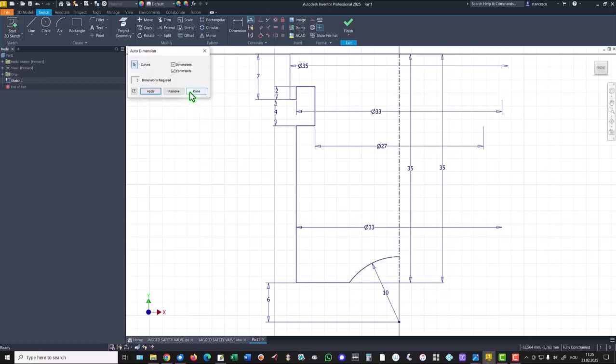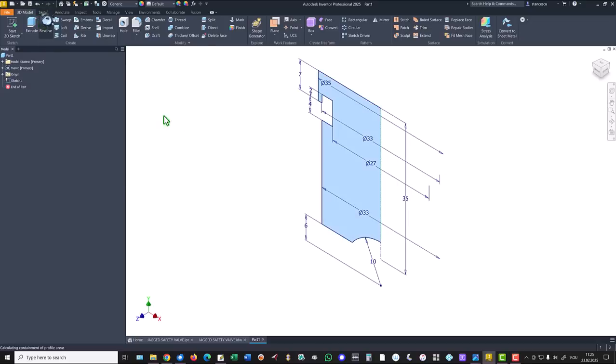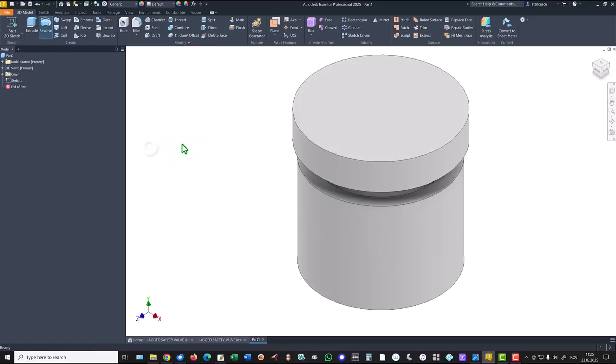I know this point must be included in this line. Good. Revolve, and we have the first volume.